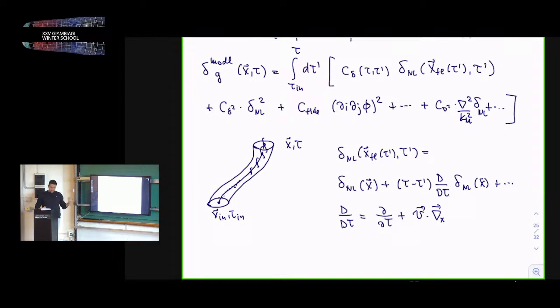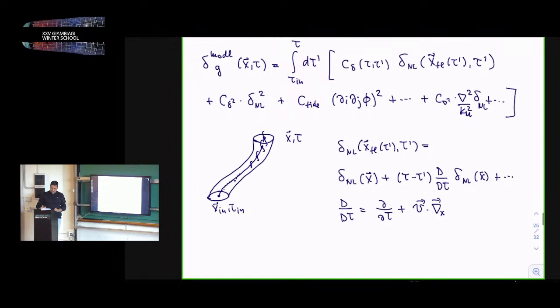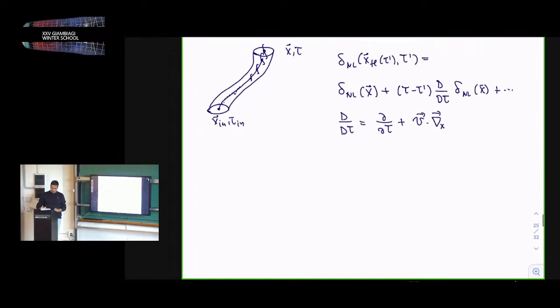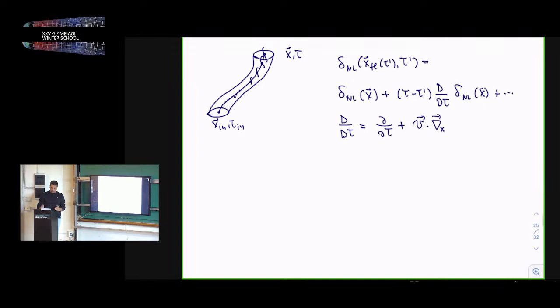I'm not going to show all these details. You can take a look in the literature. But in practice, at leading orders in perturbation theory, what this allows you to do is to rewrite this complicated expression in a much simpler way that I'm sure you have seen before.